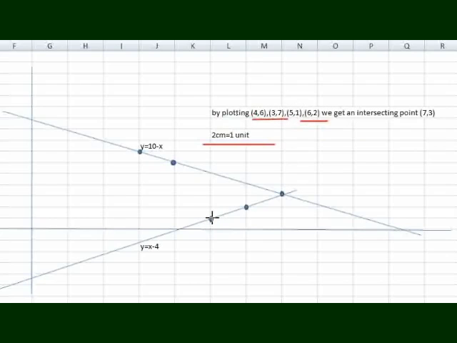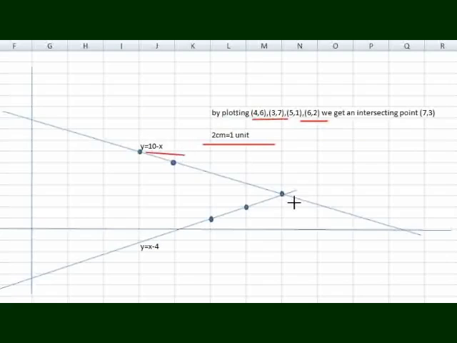So this is the position of 5, 1, and next is 6, 2. We first find 6 on the x-axis, that is 1, 2, 3, 4, 5, 6, and then 2 on the y-axis: 1, 2. So the coordinate 6, 2 will be in this position. Next we will join these 2 points and get a straight line.